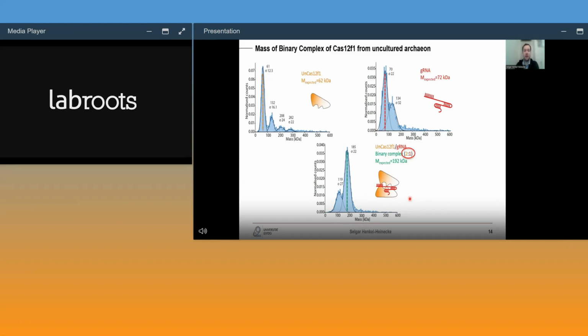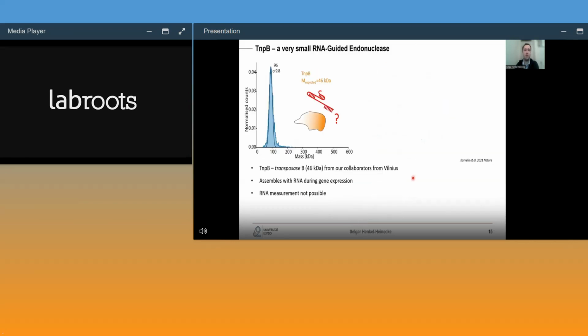And then in the end, if you have all the information on how to measure this, it was very easy and quickly done. A last example of how to get into the composition of such complexes, but this time with a slightly different situation.